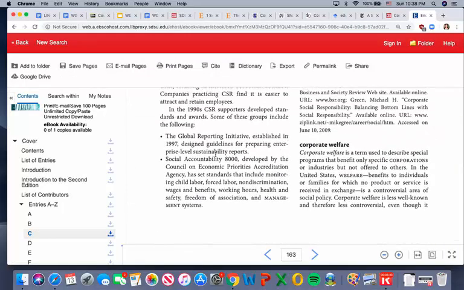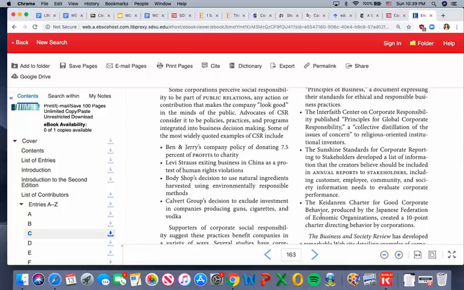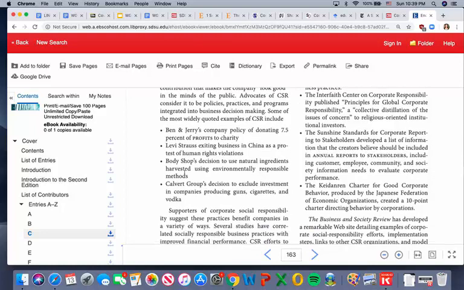So maybe Social Accountability 8000 is something that's really interesting to you. Or the Caux Round Table Principles for Good Corporate Behavior. That could be something you're interested in or want to learn more about. Or maybe one of these companies seems interesting to you, like Levi Strauss. They exited business in China as a protest of human rights violations.